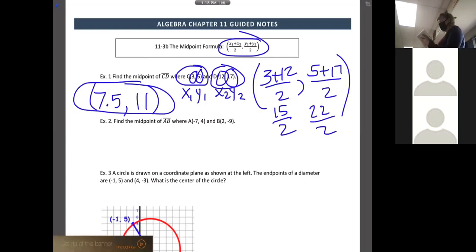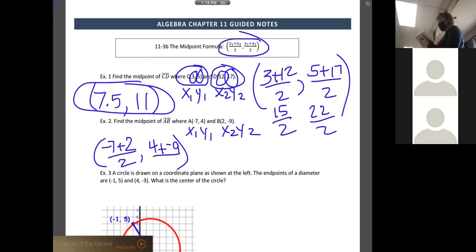The midpoint of AB. A is -7, 4, so we have x1, y1. And B is 2, -9, so that would be x2, y2. Now remember, our formula is to take the two x's and add them together, so -7 plus 2 divided by 2. And take the y's and add them together, so 4 plus -9 divided by 2.